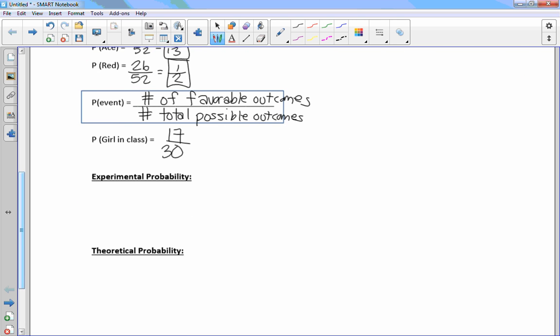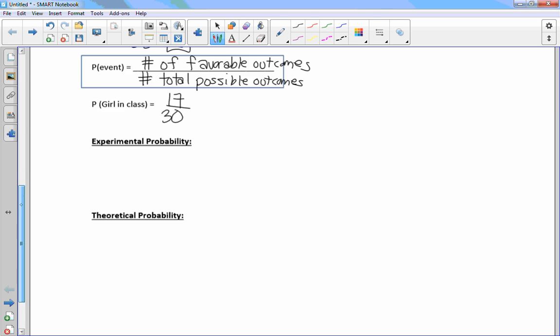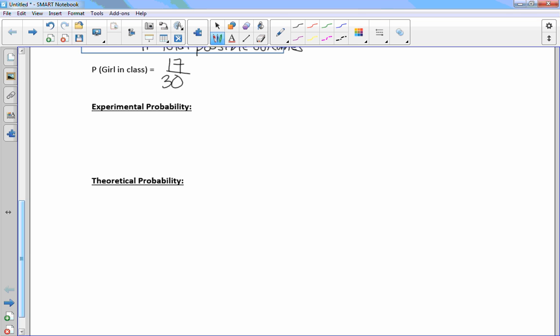Okay? So experimental probability. Experimental probability measures the likelihood an event occurs based on results of an experiment.